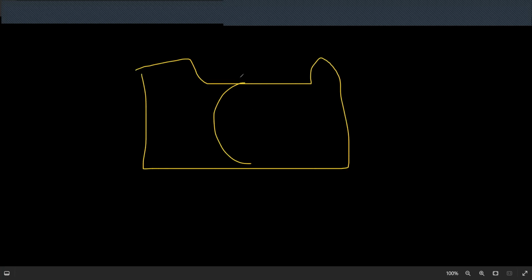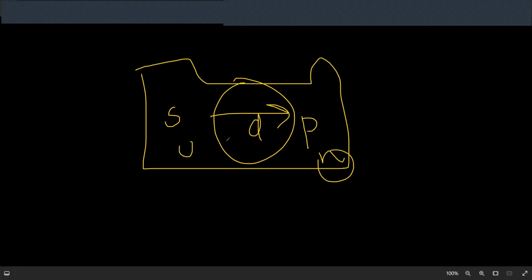They are also called transition elements because they lie between S block and P block. So in the periodic table, they lie over here. Here is S block, here is P block, and here lies D block. So it's a transition: metals, non-metals, generally non-metals, and metalloids.